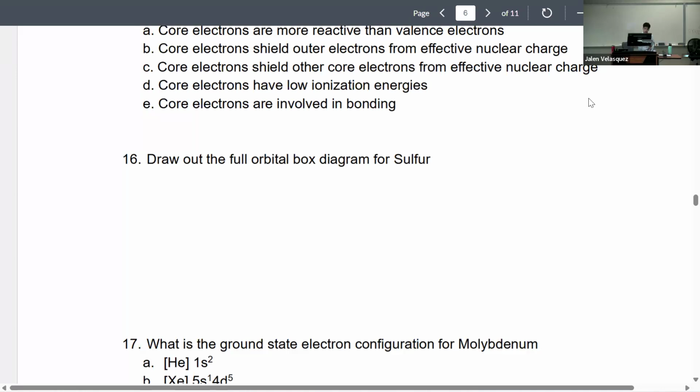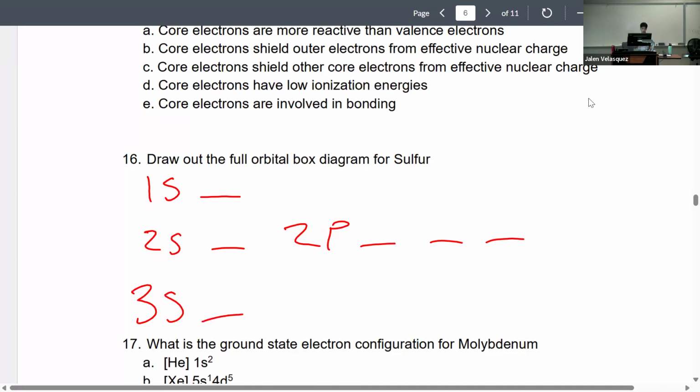So we can write out our orbitals first, and I know to stop writing at 3p because that's where it ends. Sulfur is number 16, so we're going to put in 16 electrons.